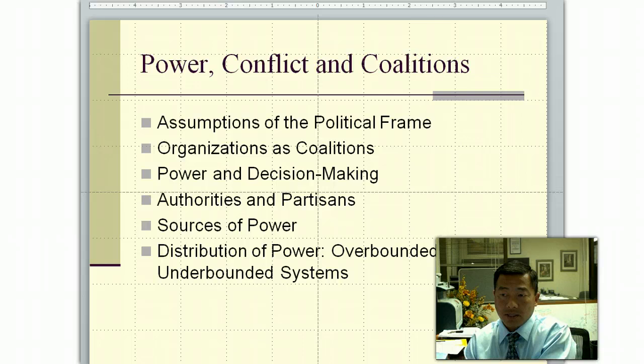Goals and decisions arise from negotiations, and the ends justify the means. Examples of the political frame are tragedies from such dynamics that undermine the safety of the Columbia and Challenger. That is a case study that hopefully you've read in the Katherine Miller book.